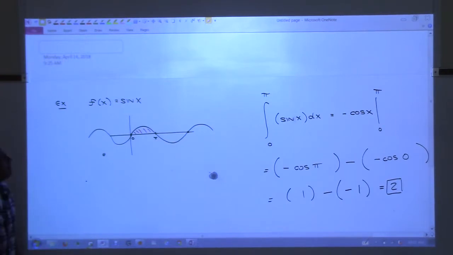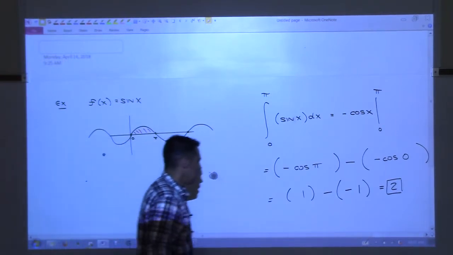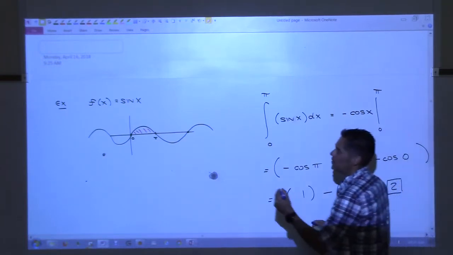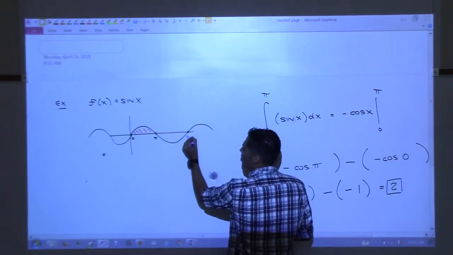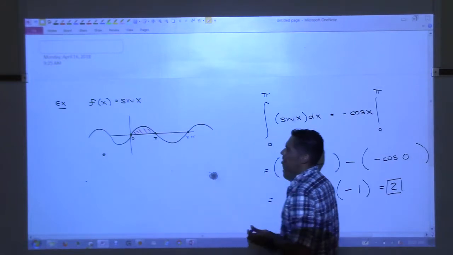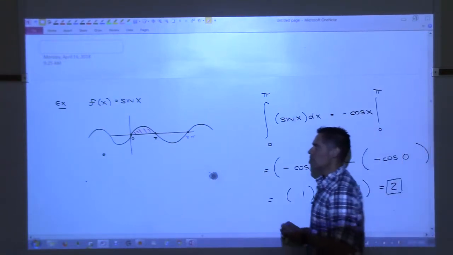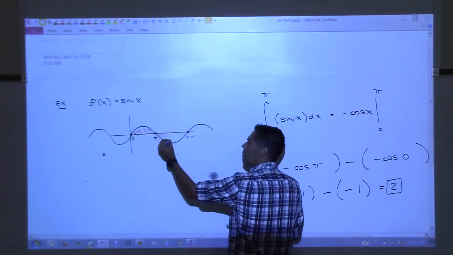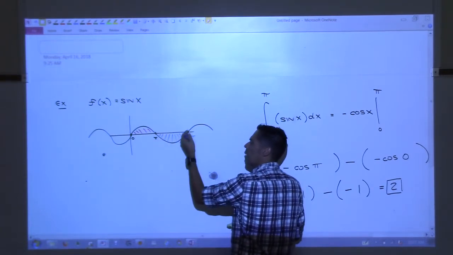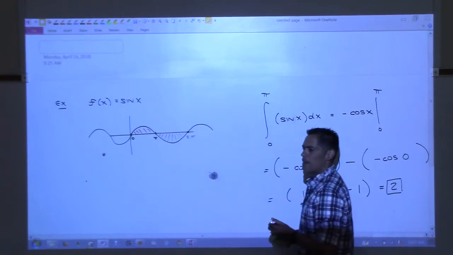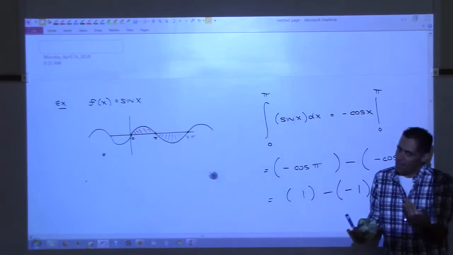What would happen if I, instead of going from 0 to pi, go from 0 to 2 pi? Do you think I'm going to get an answer of 4, or do you think I'm going to get an answer of 0? So do we agree that if I'm trying to find the area between the function and the x-axis, this blue area is either going to be counted as positive or negative?